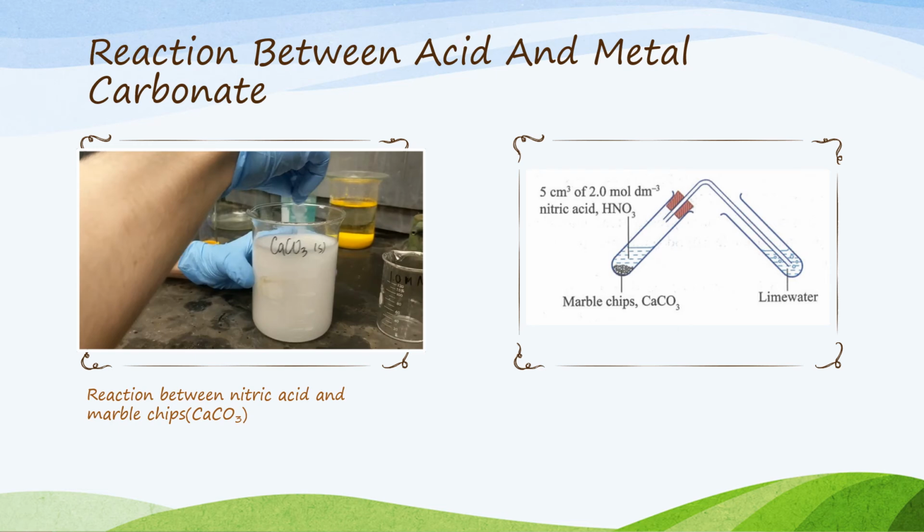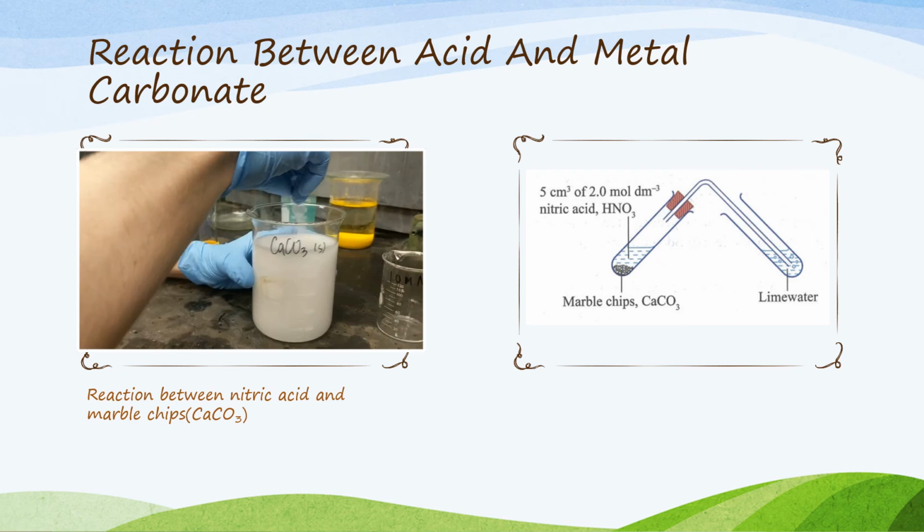So alright, you can see a lot of bubbles coming out from the mixture. That's indicating that carbon dioxide is being released. And then you will find that sometimes calcium carbonate is also known as marble chips, or sometimes it's called limestone. So don't get confused. The chemical composition of marble chips and limestone are the same, which is calcium carbonate, which is what we are using over here.